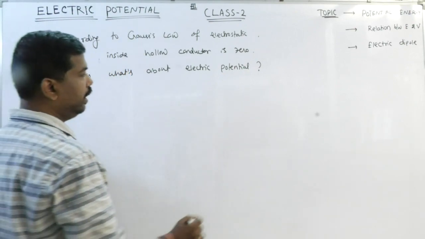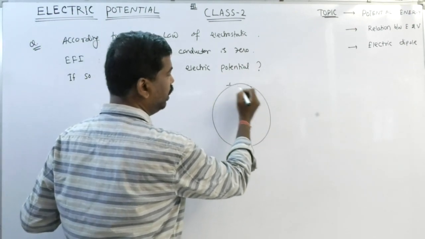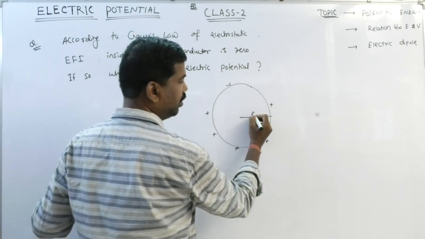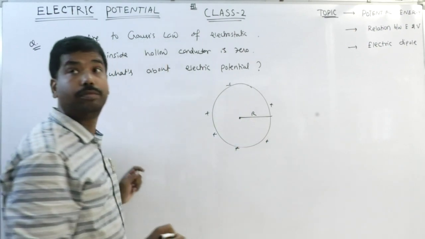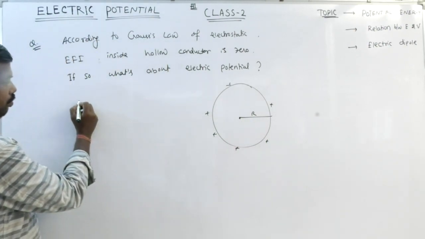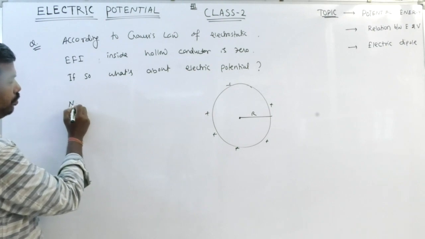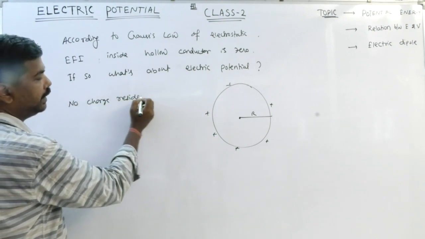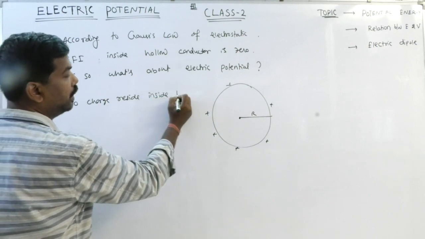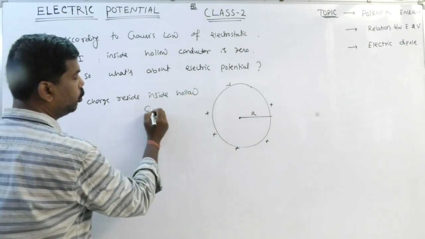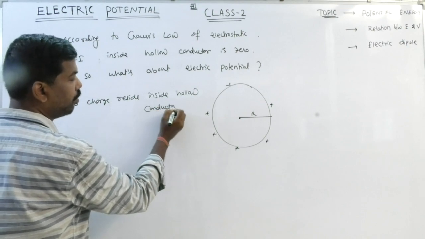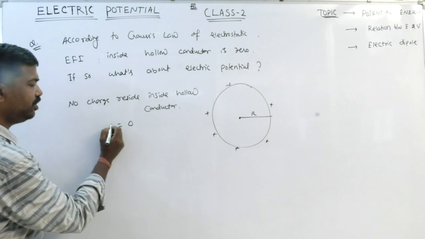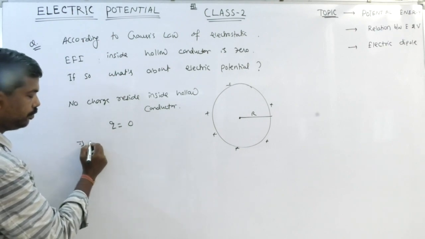Listen to me. Let it be a hollow conductor. Ready, sir? Clear? No charge resides inside the hollow conductor. Therefore, the electric field is zero because the charge is 0.